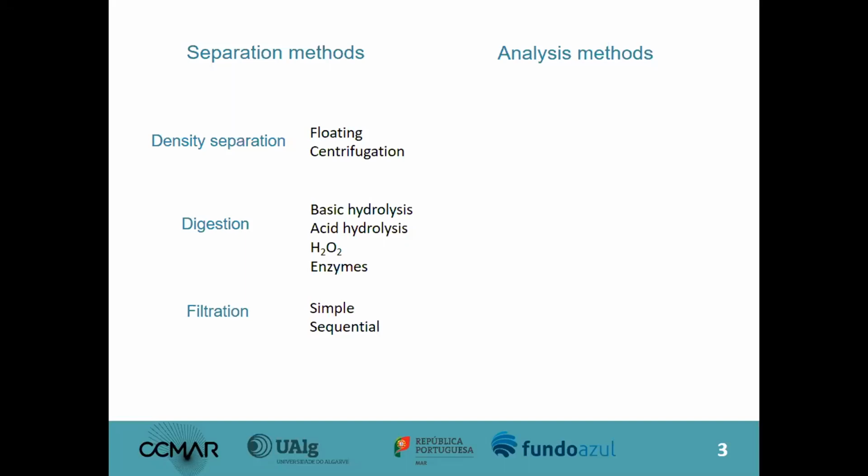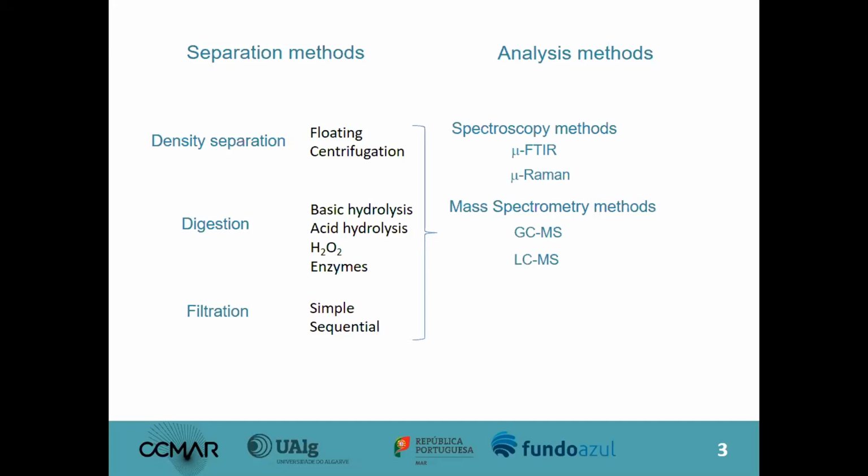The analysis methods can be grouped essentially in two. The first group is spectroscopy methods, where intact particles are analyzed using FTIR or Raman. The other group is mass spectrometry methods. The main machines available for this are GCMS and LCMS.